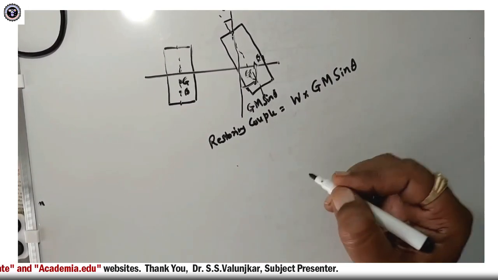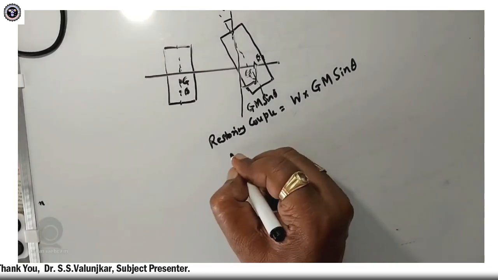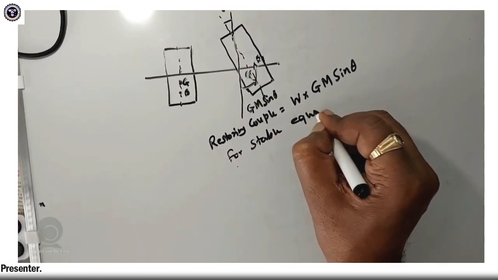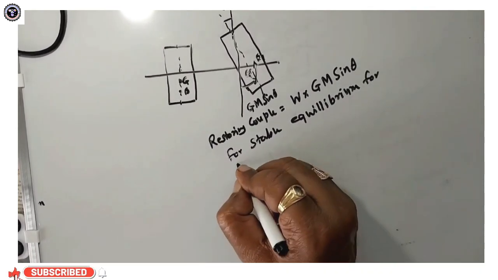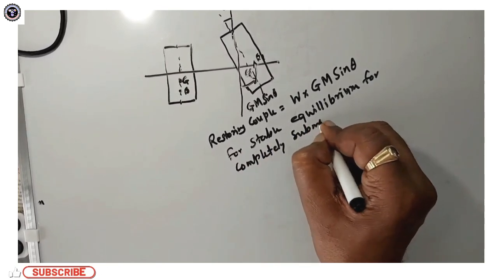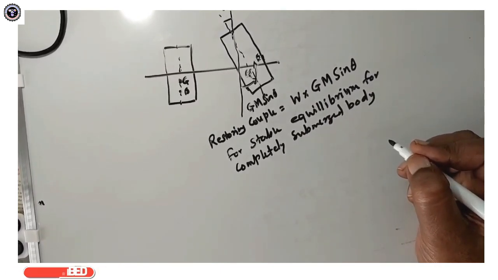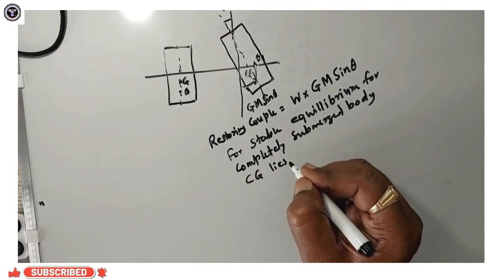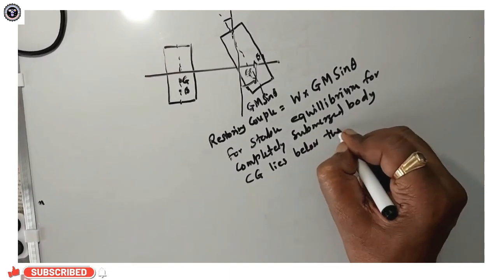For completely submerged body, it will be in stable equilibrium when the CG lies below the center of buoyancy.